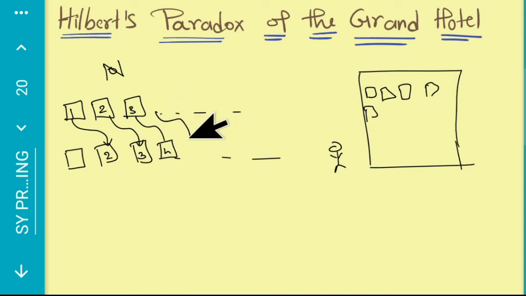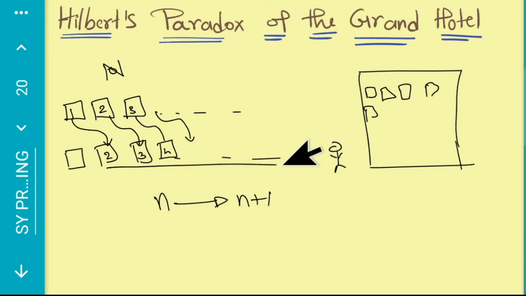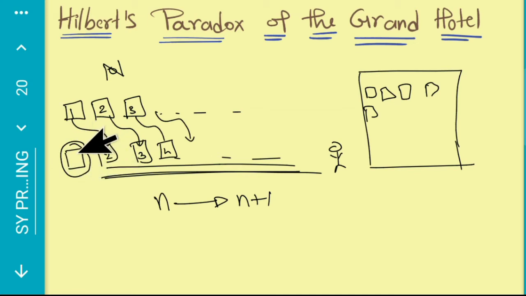Everyone moves to the next room number. So you send the guest from room n to room n plus 1, and this works. Everyone will get a room. Also, you got one empty room, so the new VIP guest can stay in this room.